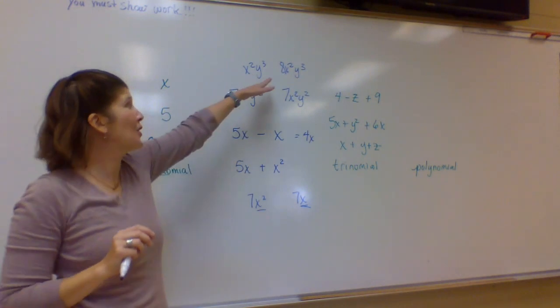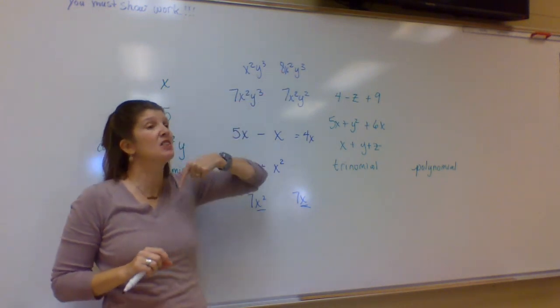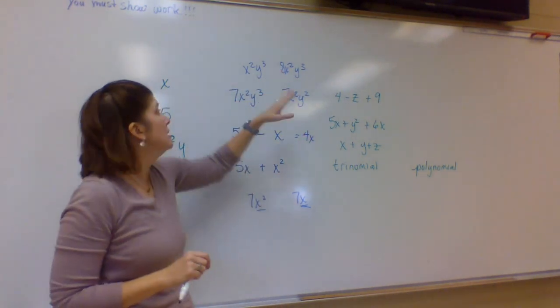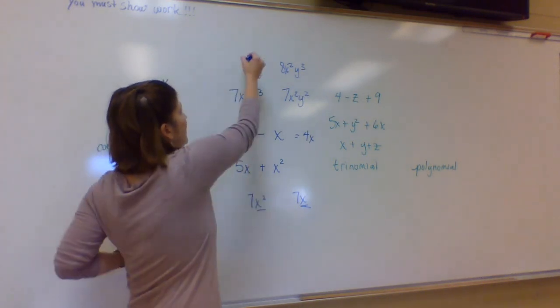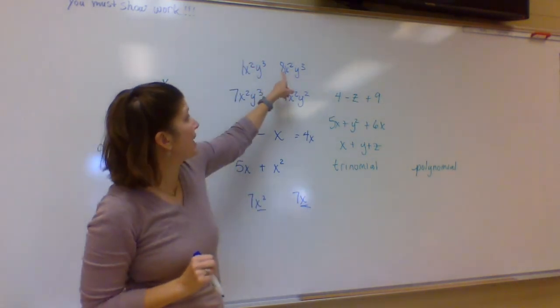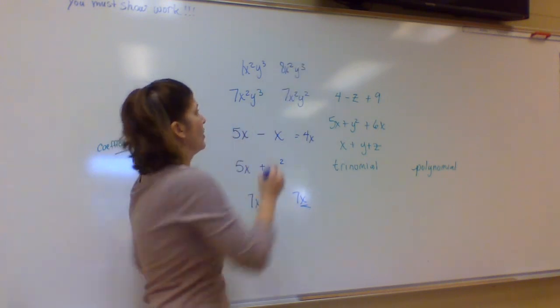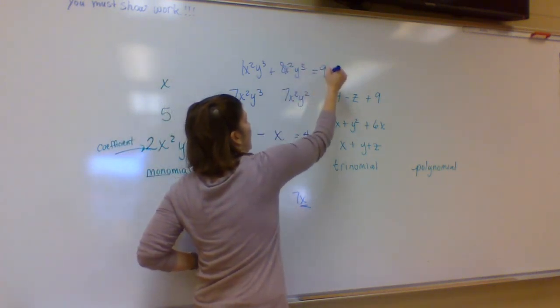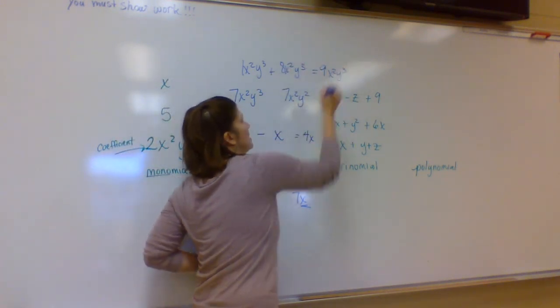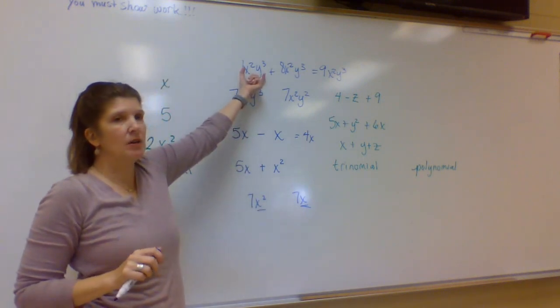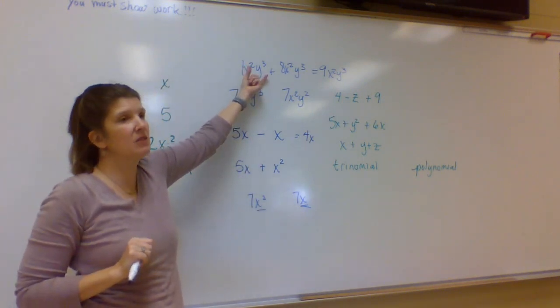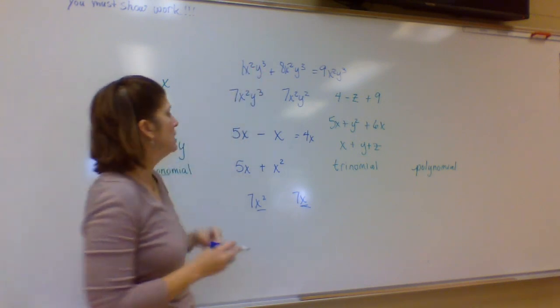The big number, the coefficient, doesn't matter. That just tells us how many there are. So I have 1 x squared y to the third and 8 x squared y to the thirds, which gives me a total of 9x squared y to the thirds. So what has to match is all the variables and all their exponents down to the very last nitpicky detail.